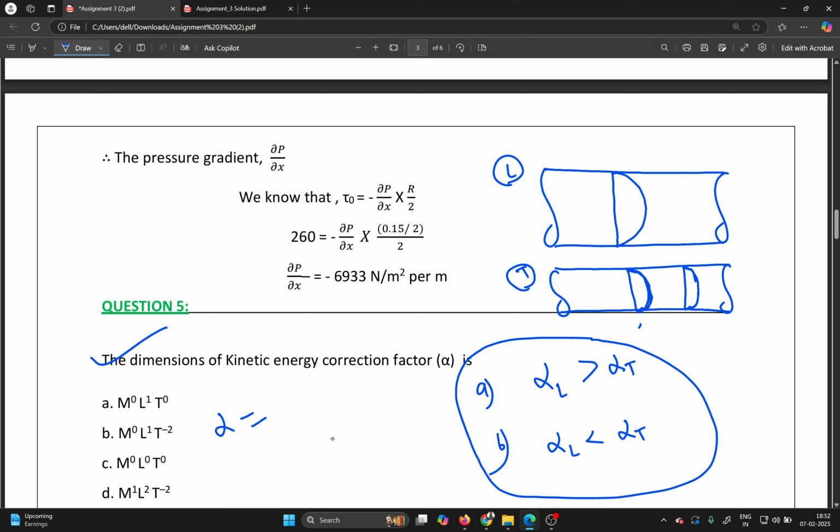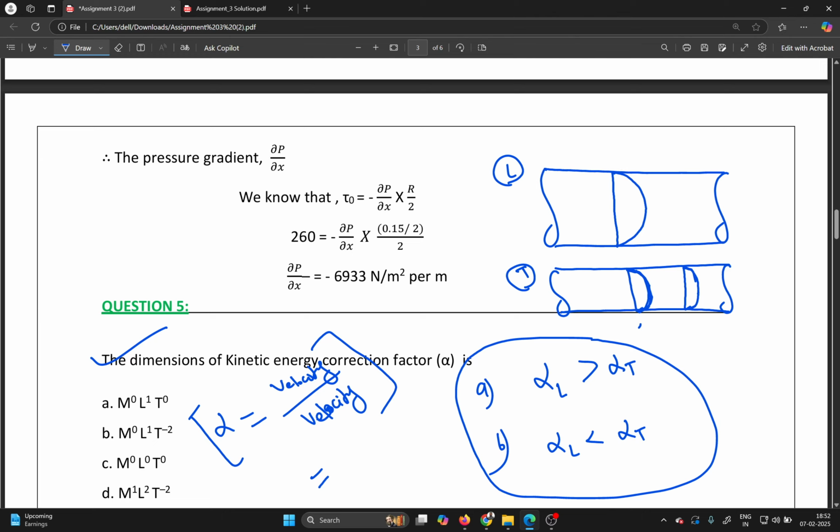So the kinetic energy correction factor is basically your velocity, or you can say here below also the velocity. But this is your velocity.